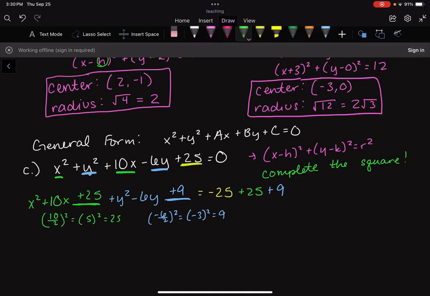Now for my x's, like my green part that I've been writing, this will factor into x plus 5 squared. My blue, so like my y stuff, will factor into y minus 3 squared. And then my other side of this will just become 9.